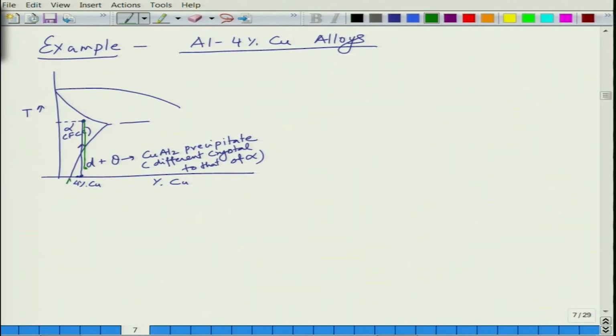So you go from A to B to C and then you come to D. Formation of theta precipitate goes through a series of steps. So what happens is that alpha, when you cool it from, let's say, T1, at room temperature, is alpha but supersaturated.